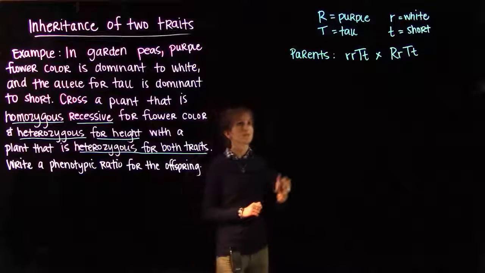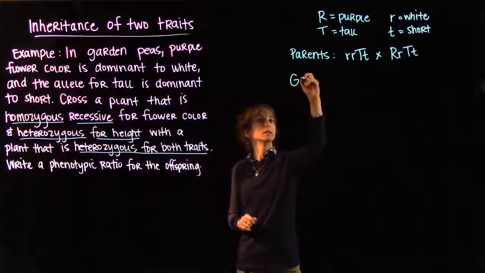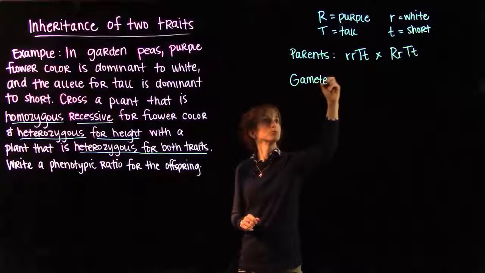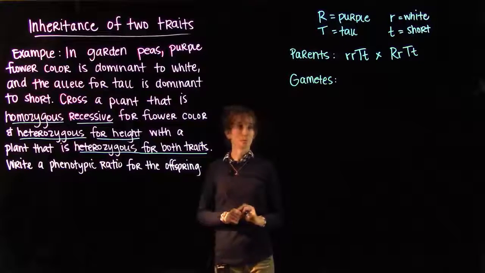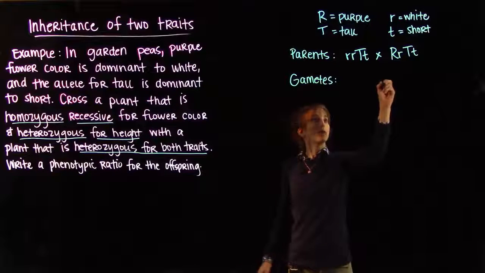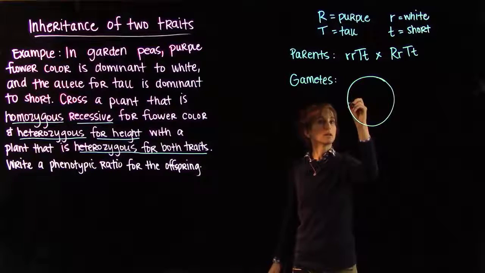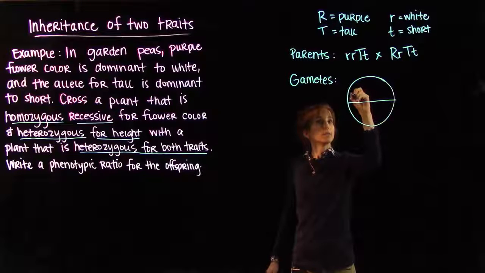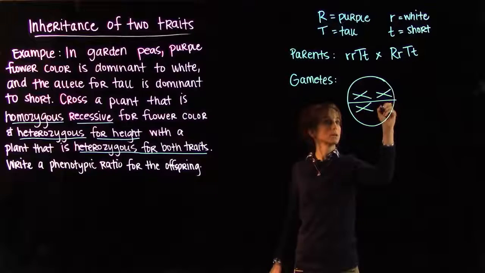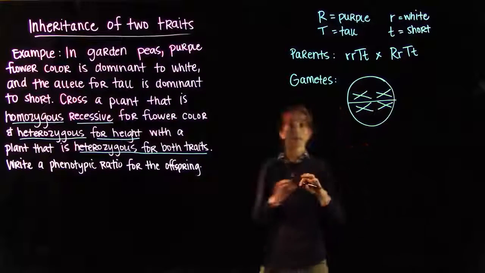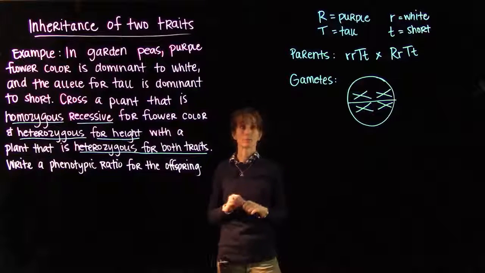Okay, the next step is to figure out what type of gametes these parents can produce. The first parent is a little bit simpler. Remember that when we study meiosis, these alleles are located on chromosomes, and those chromosomes separate from each other by the end of meiosis.